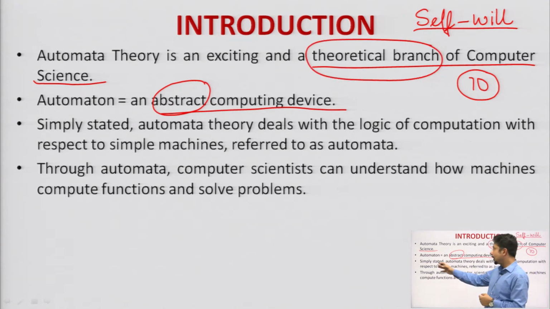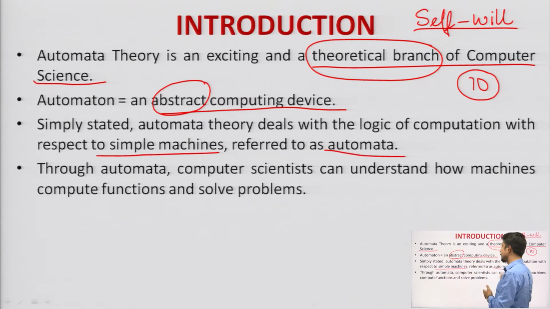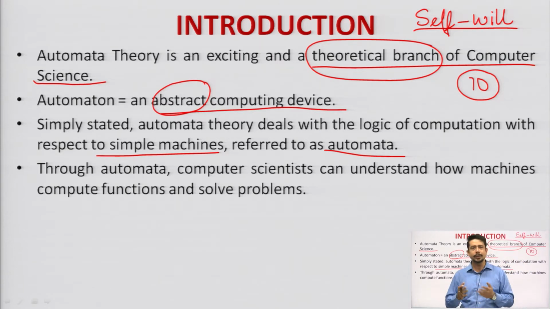Now, the next point: simply stated, automata theory deals with the logic of computation with respect to simple machines, referred to as automata. We will try to understand this simple thing, inputs, processing, outputs, and how to work with this concept to produce a base model of all the machines that we are going to learn in the chapter.